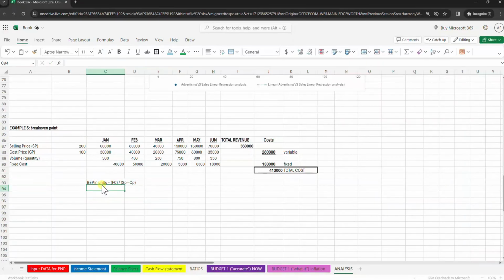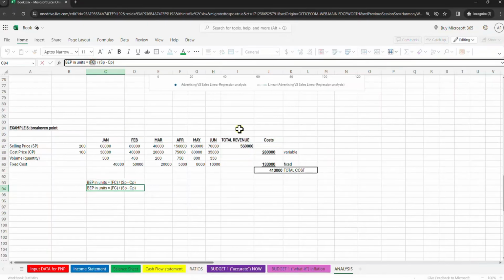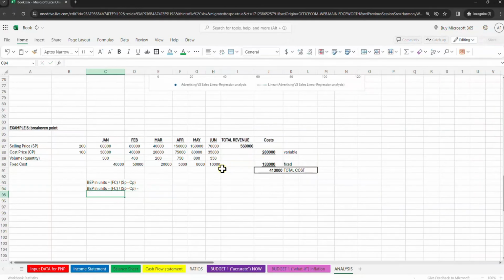Okay, so break-even point in units would be the fixed costs divided by open brackets selling price minus cost price, close brackets, enter.